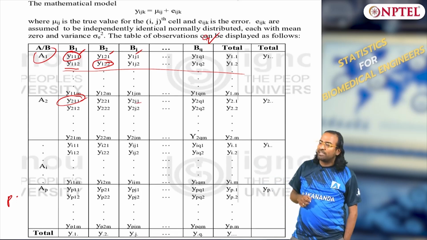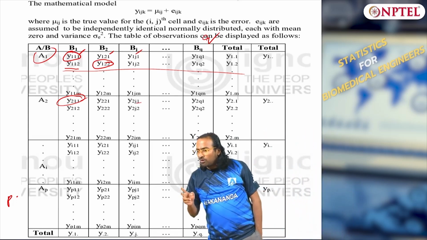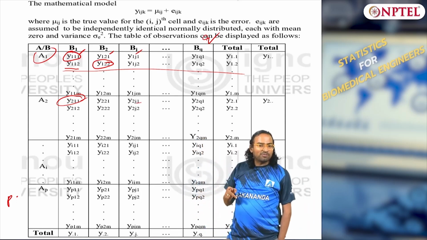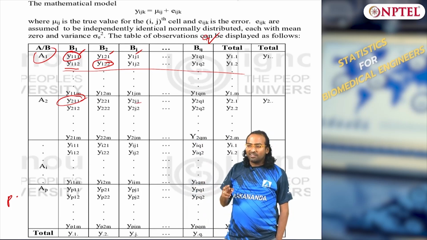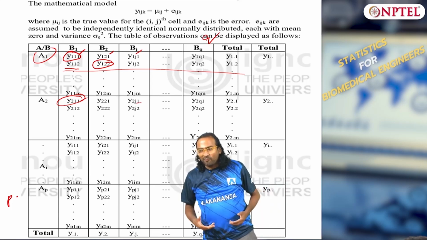Why did I not write mu_ijk? I am assuming only two factors influence the output, which are the rows, that is A, and the columns, B. There are only two factors. I am not talking about replication as a factor at all.